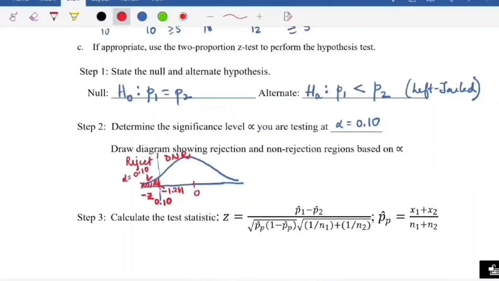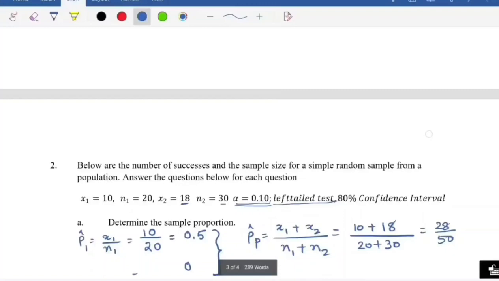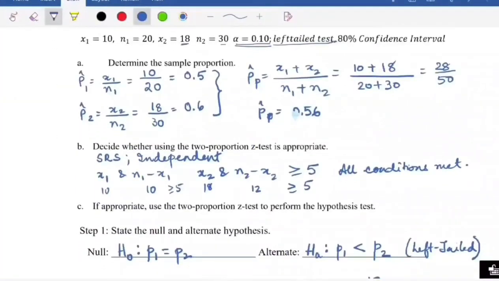Okay, so now we can go to step 3, which is applying this formula and coming up with a z sub 0 value. Now, we already calculated previously that p hat sub p has a value of 0.56, right? We did the work before, but you can show the work here as well if you wish. All right, here's the work.